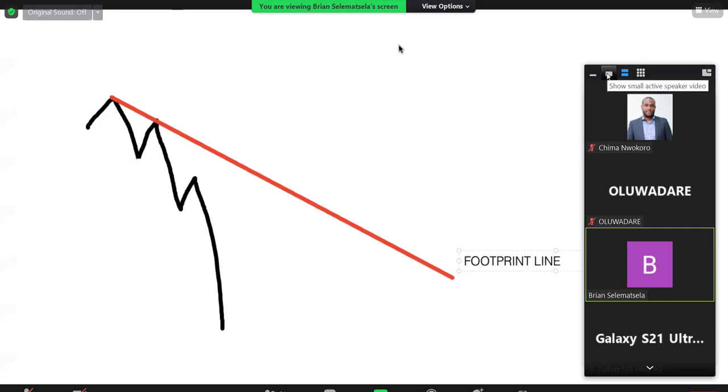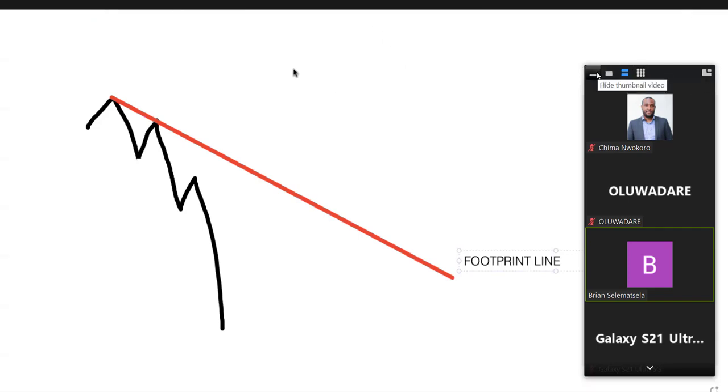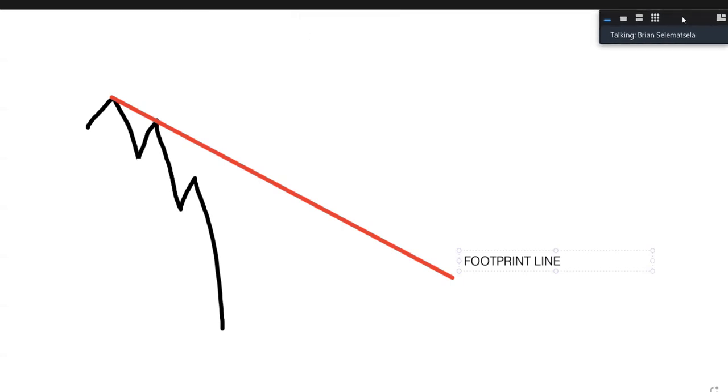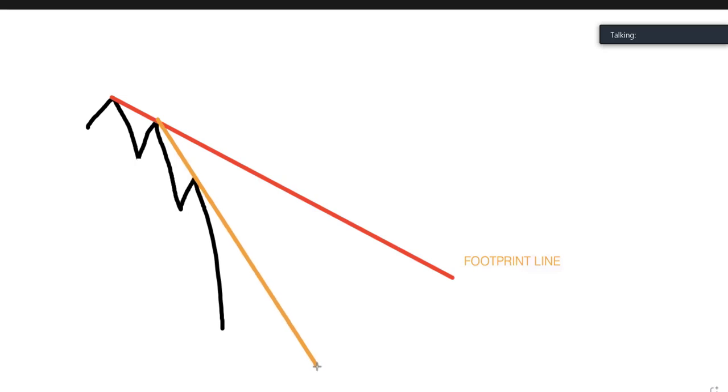The second line that I'm going to be drawing is called the first layer line, which is the most important line.